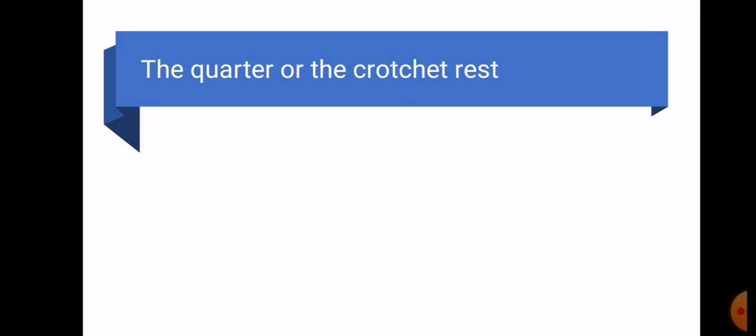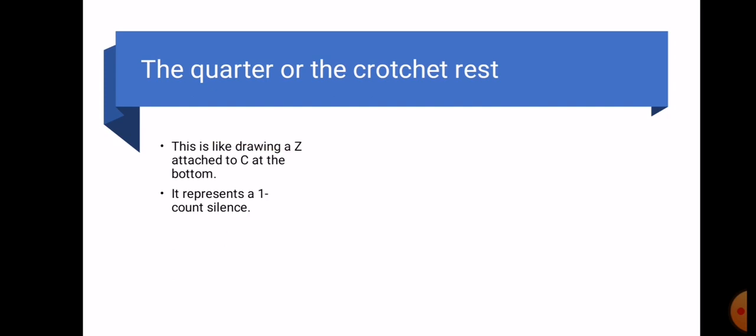Let's look at the quarter or the crotchet rest. This is like drawing a Z attached to a C at the bottom. It is not really a great definition, but just to give you an idea. The first part looks like a zigzag: 1, 2, 3. You slant rightward, slant backwards leftward, and slant down rightward. Then there's an incomplete C down there. That's what I meant.